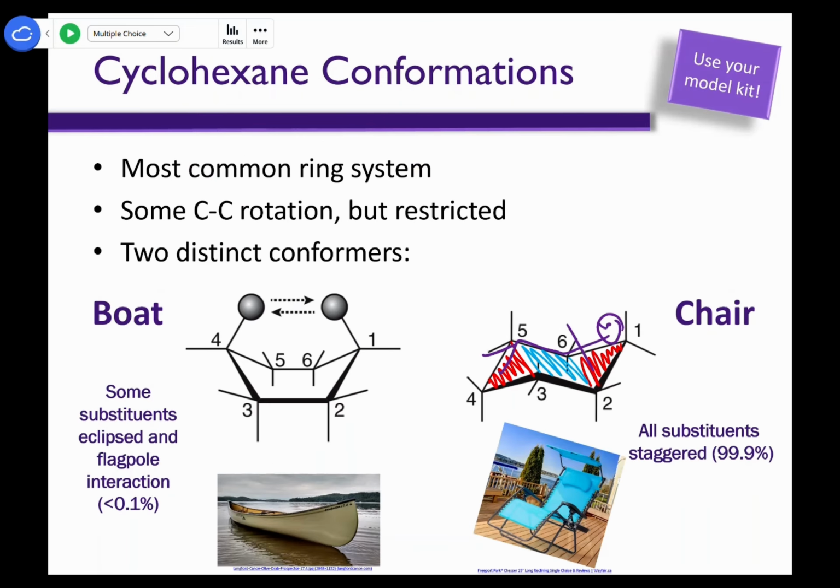We have different positions in this chair conformation. The straight up ones versus the ones that poke out have different names, and they help you to figure out the relative stability or the energy of that conformation.